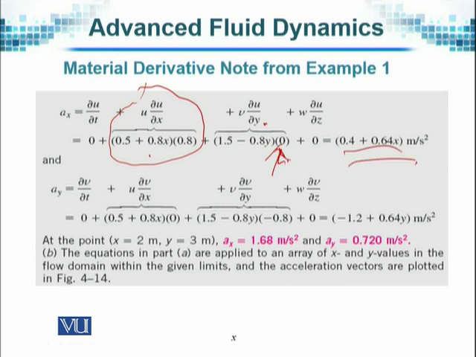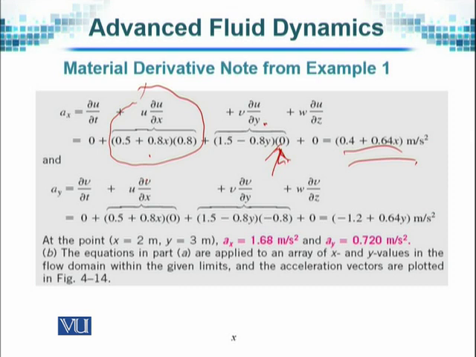Similarly, when we calculate the acceleration component in the y direction, we differentiate with respect to small v, which is the velocity component in the y direction. The partial derivative dv by dt is 0 because no t occurs in the v component.